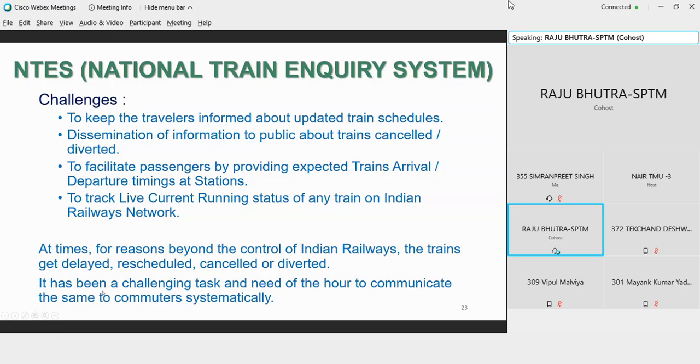So it has been a challenging task and need of the hour to communicate the same to commuters. Whatever the delay, maybe because of equipment failure or other operational reasons, all that information needs to be communicated to the passengers in a systematic way.